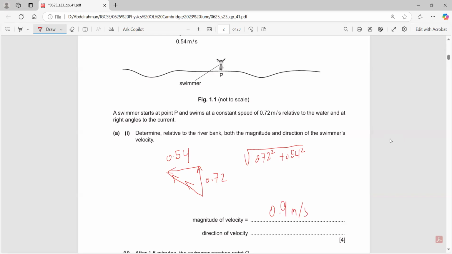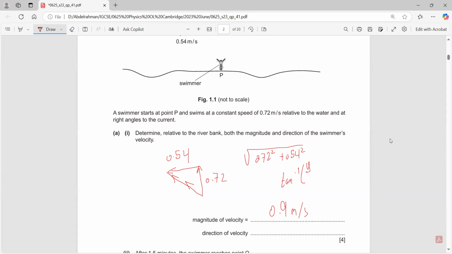Can I find the direction? Yes. Usually, if he didn't state whether it's relative to the vertical or the horizontal, then we'd find it relative to the horizontal by saying tan inverse y over x, 0.72 over 0.54. This is the more commonly used way of finding the direction, the angle.